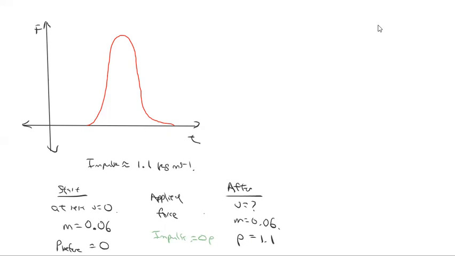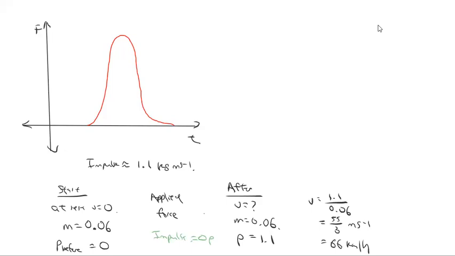And if we know that, then we can calculate V. Because if the momentum is around 1.1 and M is 0.06, then V is about 1.1 divided by 0.06, which is about 55 over 3 meters per second, which ends up being 66 kilometers per hour.